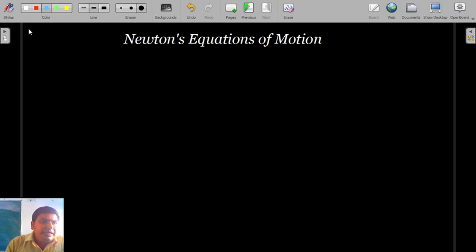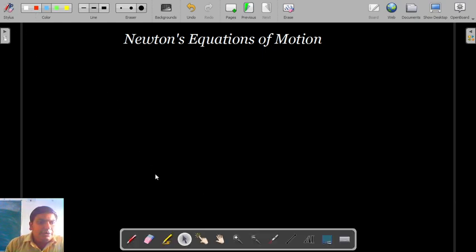So let me tell you a very basic equations, that what are the equations actually कि वो equations हैं क्या, and then we will derive one by one. So in case of linear motion, the first equation is v equals to u plus at.